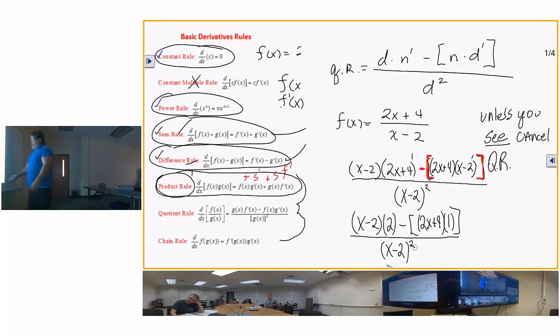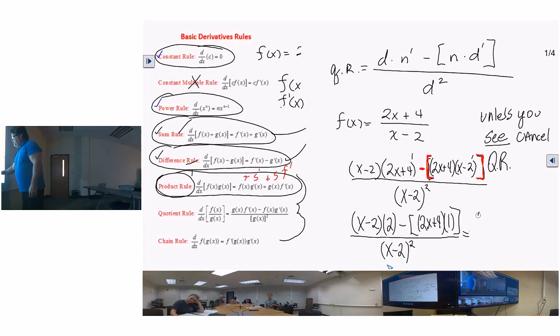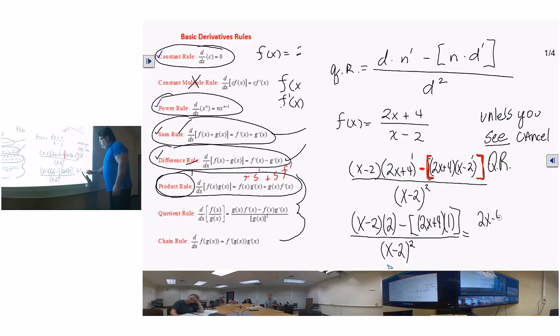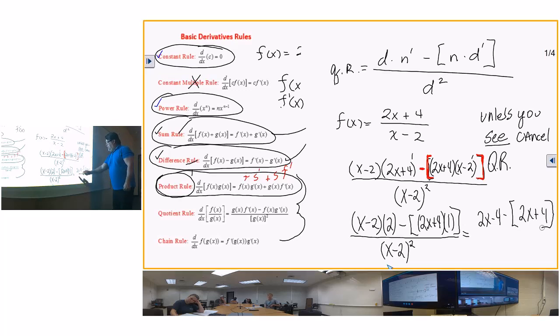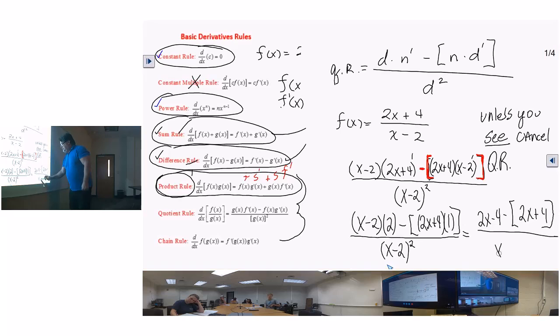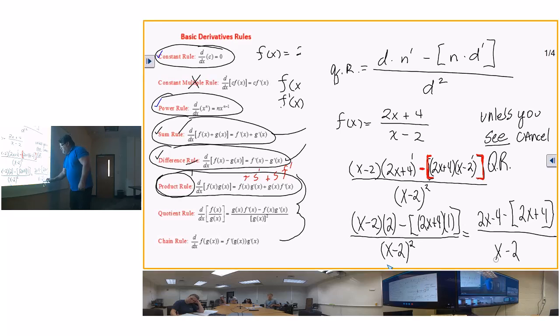So we're going to get 2x minus 4 minus brackets 2x plus 4 over (x minus 2) quantity squared.